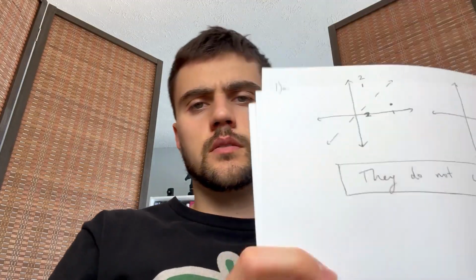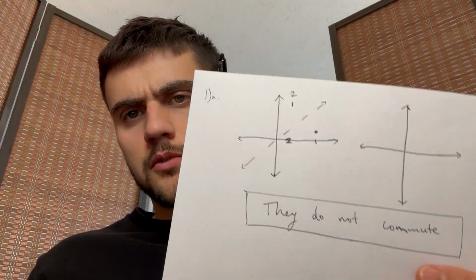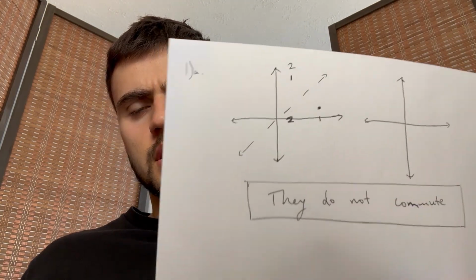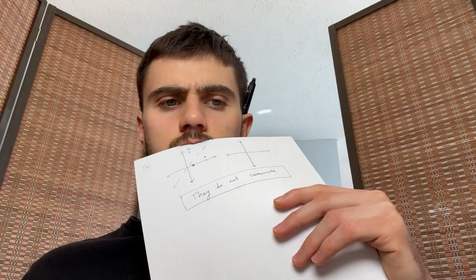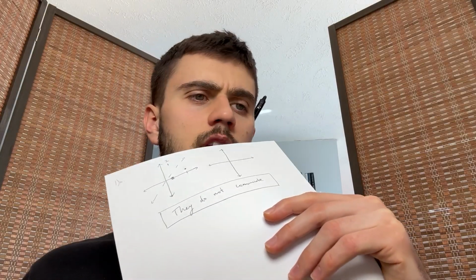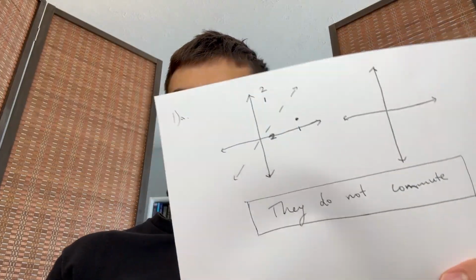Okay, I finished one problem. This first problem from 1.9 was asking if two transformations commute, meaning if you do one first or the other first, you still end up at the same answer.